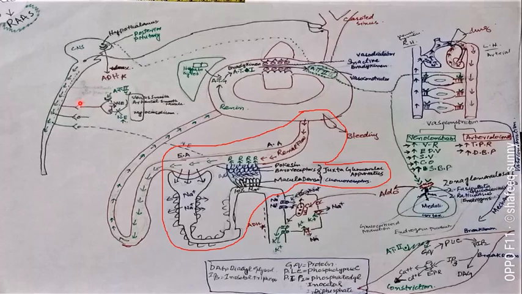Here we will discuss only those sympathetic neurons which are going to the juxtaglomerular apparatus. These sympathetic neurons going to the juxtaglomerular apparatus release norepinephrine.